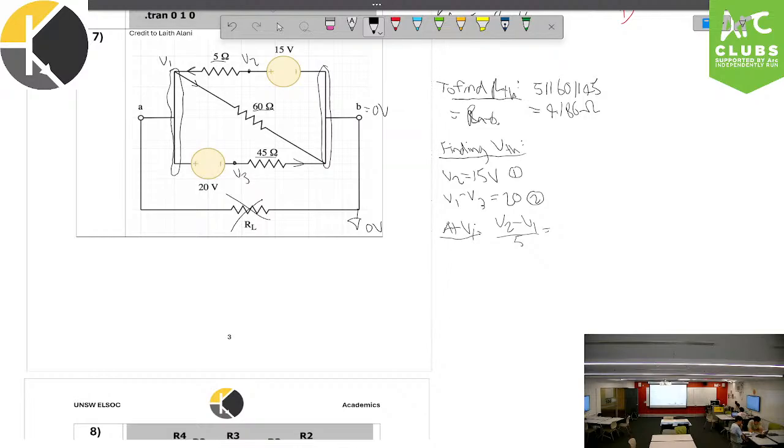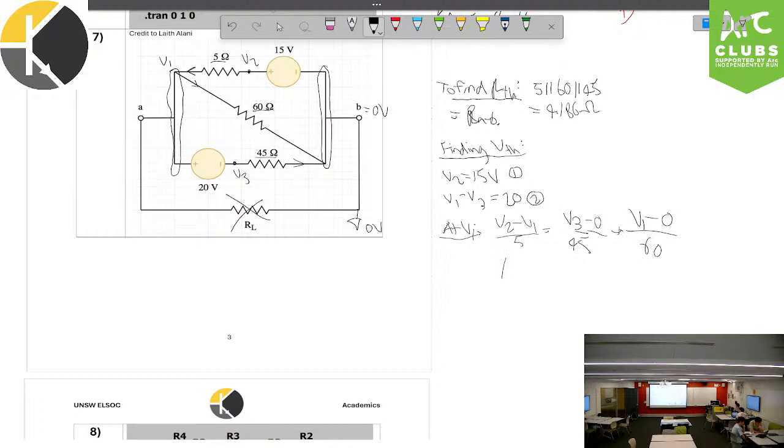So we can say that V3 over 45, so that's V3 minus 0 because it's just next to ground, so V3 minus 0 over 45. And we can also add the other current going out, the one diagonal. So that would be V1 minus 0 on 60.